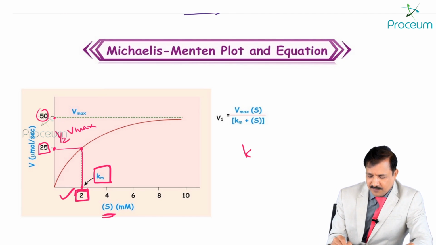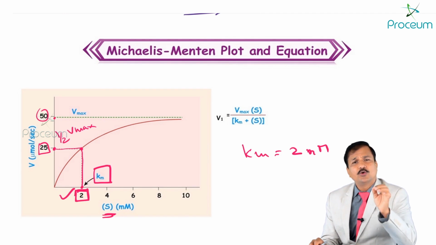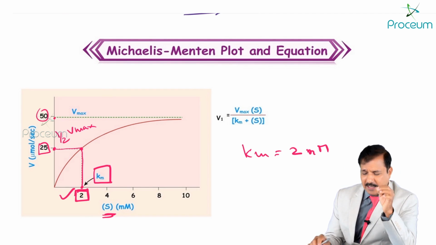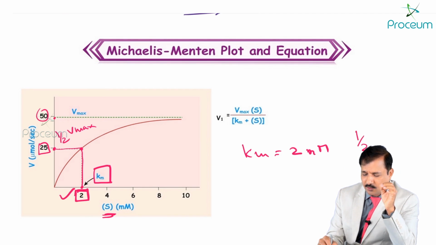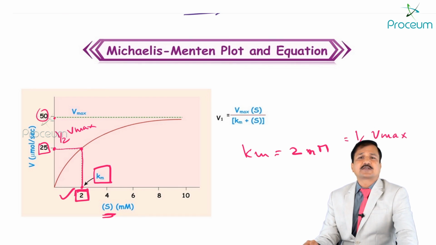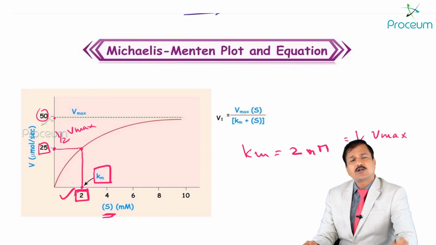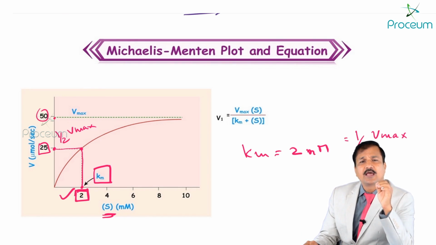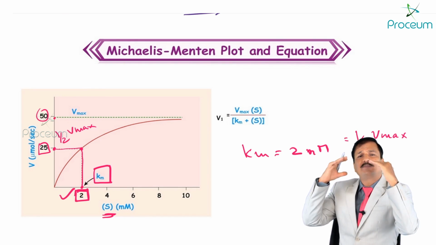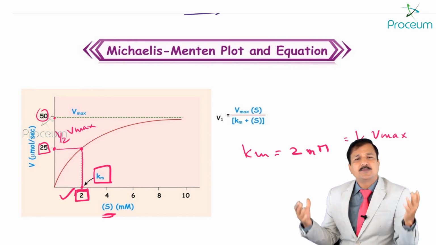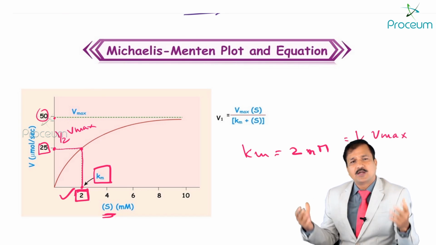So here Km equals 2 millimoles. That means at 2 millimolar concentration, the enzyme is going to half of its maximum velocity. It is going to half Vmax. Now the question is, at what substrate concentration does the enzyme go to Vmax? Is it simple arithmetic? Is it a simple doubling?